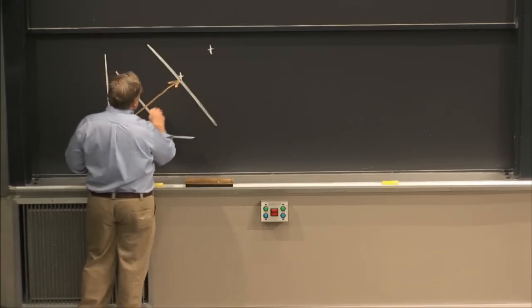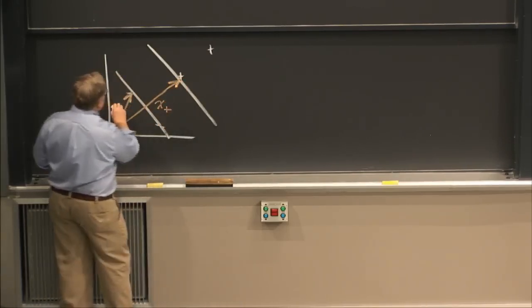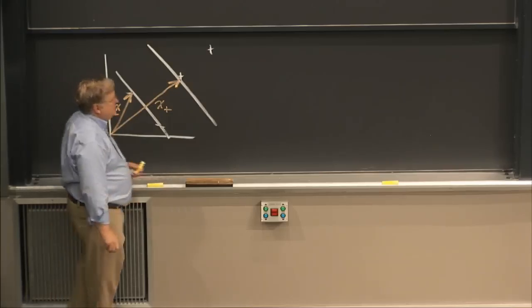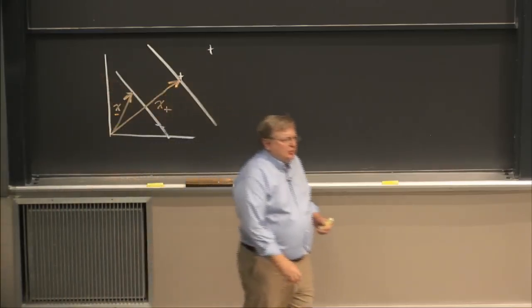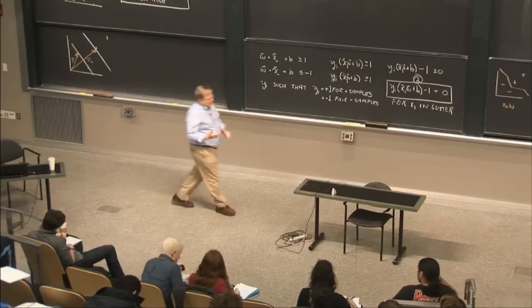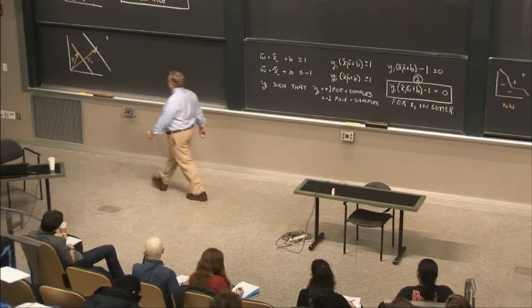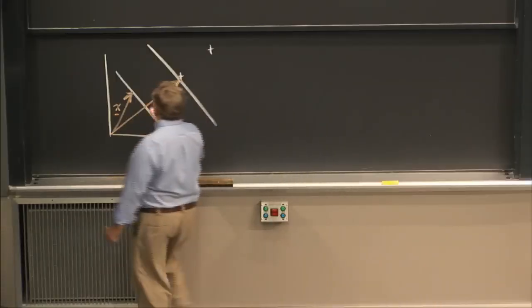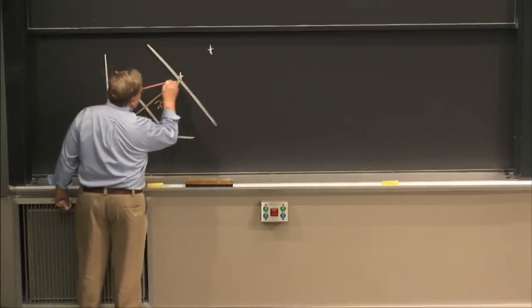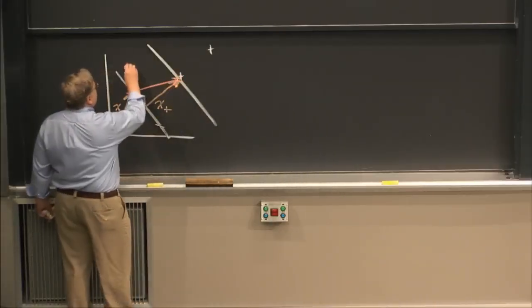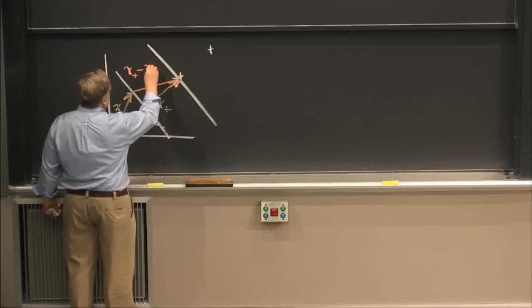So we'll call that x plus and this x minus. So what's the width of the street? I don't know yet, but what we can do is take the difference of those two vectors, and that will be a vector that looks like this, right? So that's x plus minus x minus.